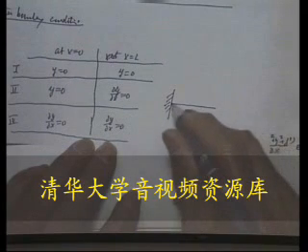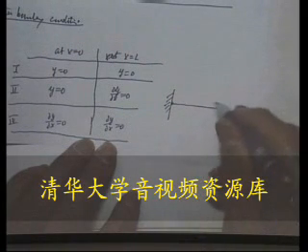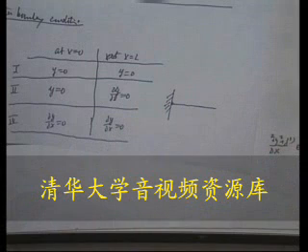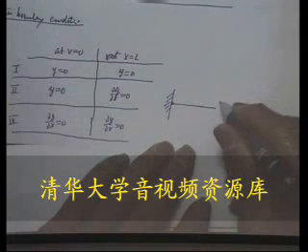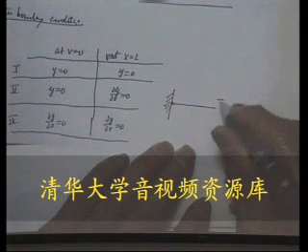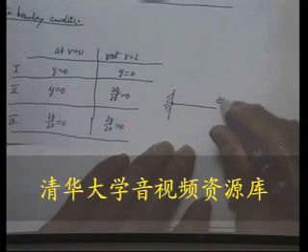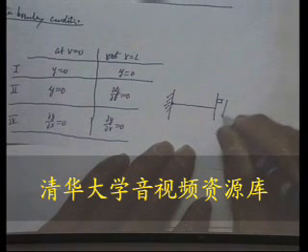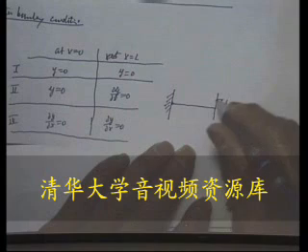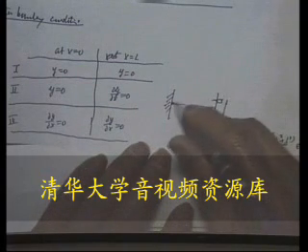At this end, it's fixed. At the other end, you allow it to move, but you make its derivative fixed. So you can have something like this, which can move.